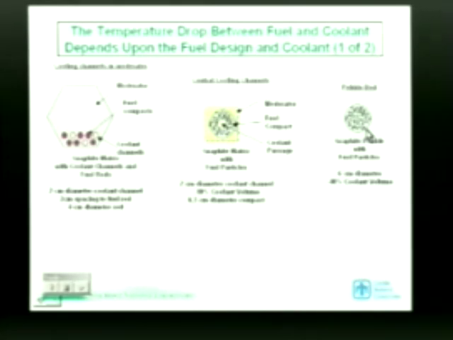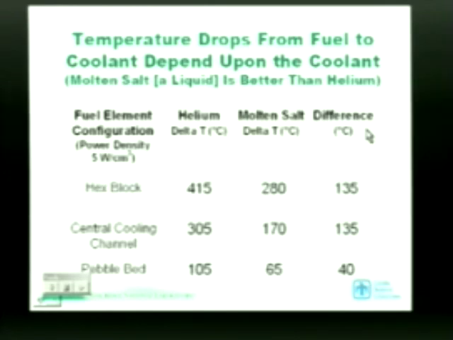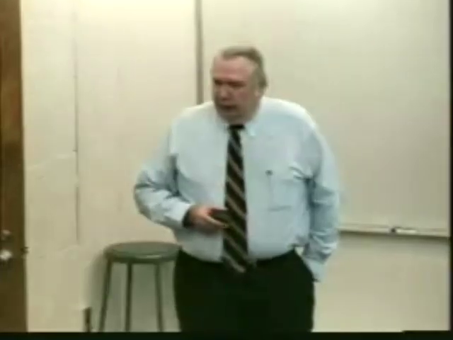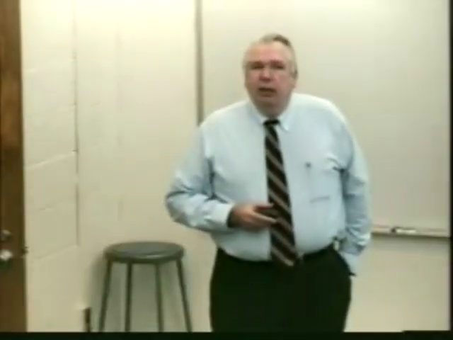Many different fuel designs, but the same basic concept, microspheres embedded in graphite. Now, let's take a look at what the implications are of using a liquid coolant, a high-temperature fuel.